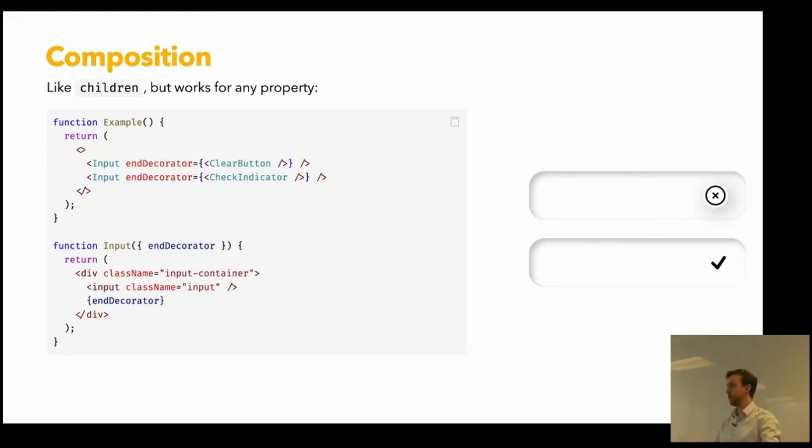So the first pattern in React, very easy to use, is the composition pattern, and of course it also exists in Angular and Vue.js. You put a property that is of type React node most of the time in React, and you can add, for example in this case, a decorator for your input, for example this one or this.